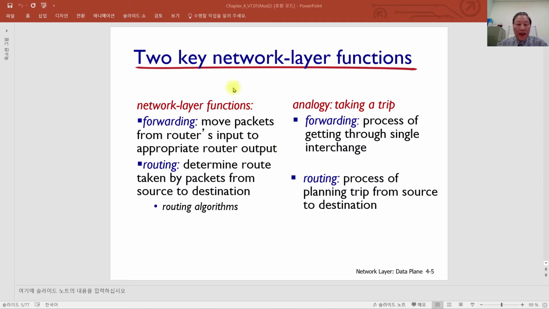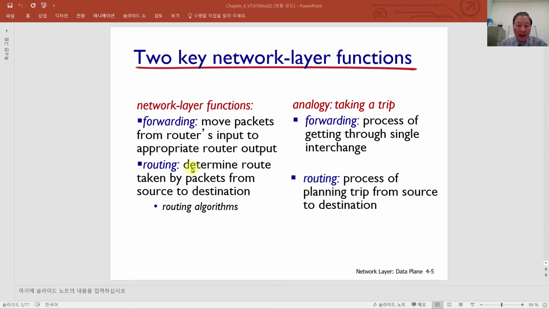Okay, here we learn two key network layer functions. The first one is forwarding, which is the first one we should understand. We learned it already in the previous chapters. This one is simply moving packets from a router's input to the appropriate router output. That functionality is called forwarding.